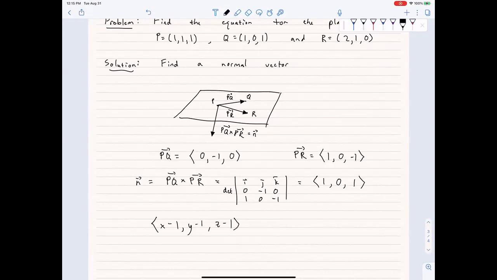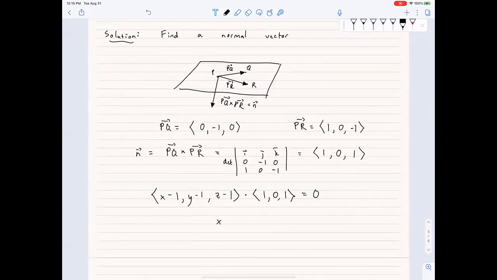This is the PQ from the formula, not the PQ in this problem. And then I need to dot it with the normal vector, 1, 0, 1. This should equal 0. So I get X plus Z minus 2 is 0, or X plus Z equals 2.